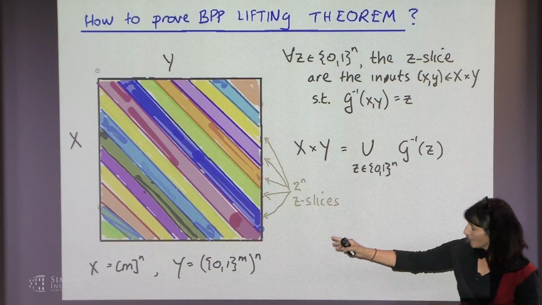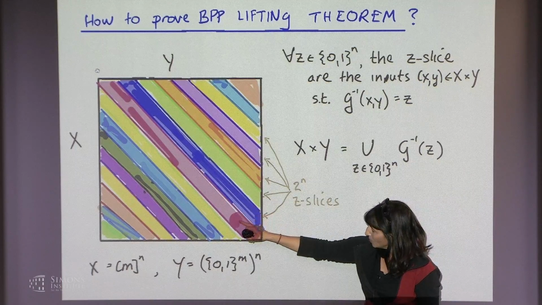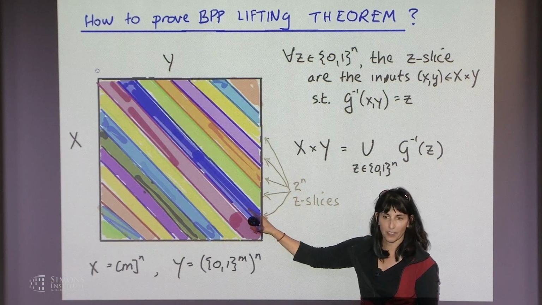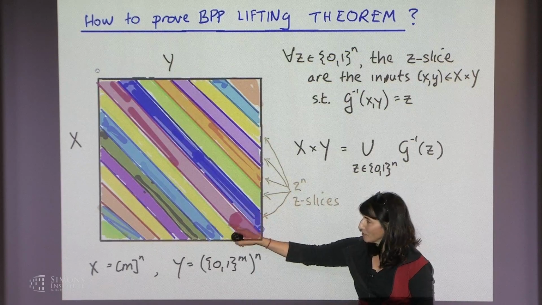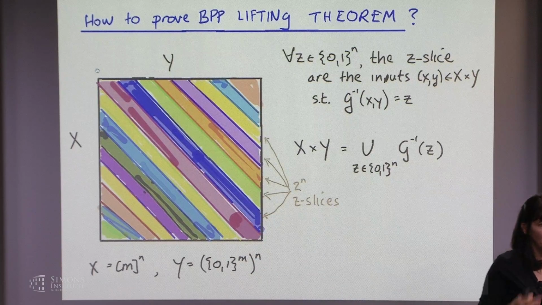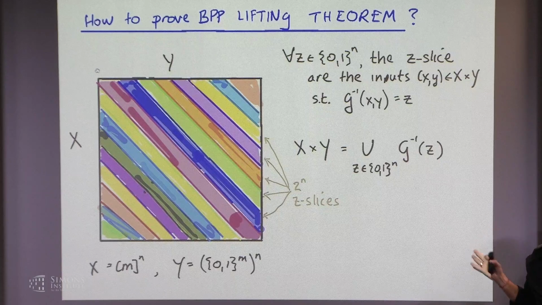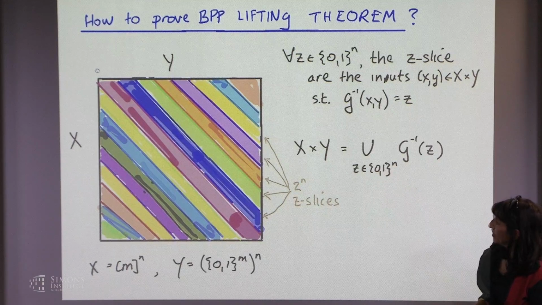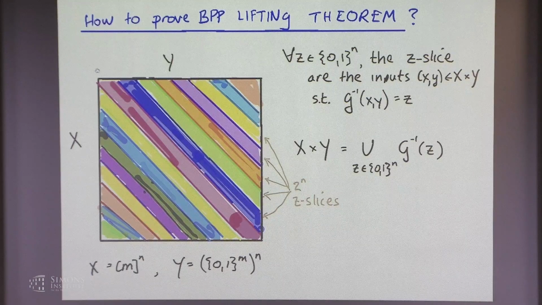So these colors correspond to all the pairs xy where the corresponding z string is the same, some particular value, purple. And this is another one, and so on. It might not look like slices, but it's just to show you that they're all hopefully distributed really nicely. So we're going to think of this whole space as partitioned into these z slices, and we're really going to think of the whole protocol with respect to how it deals with these z slices.